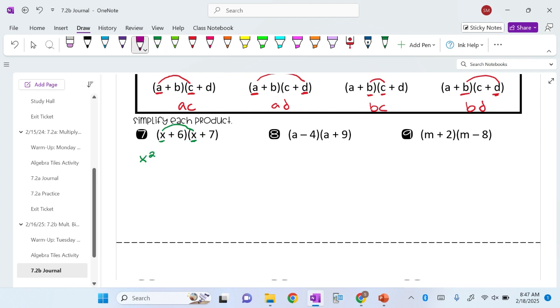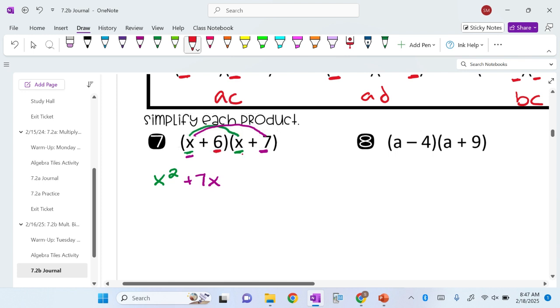Then I'm going to do my outers. So that's my x and my 7. I'm going to multiply those two together. What's x times 7? 7x. So this would be plus 7x. Then I'm going to do my innards.